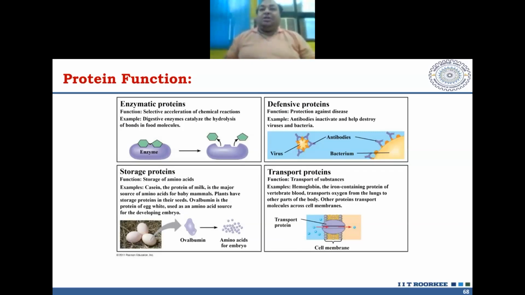This reaction, if you have to perform in the laboratory, you have to provide some external factor like heat, temperature, pressure, and anything else. But that's not possible inside the body, right?